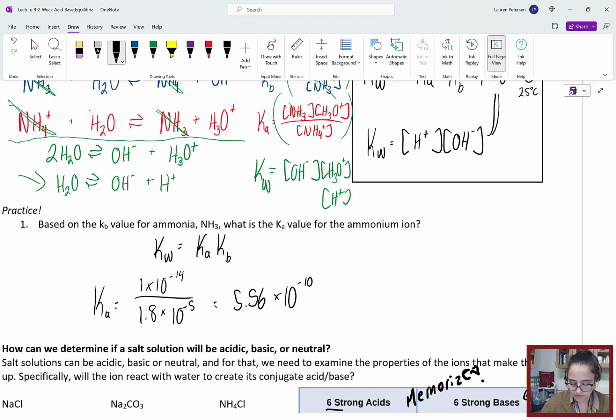And that would be the Ka for ammonium, the NH4 plus ion.